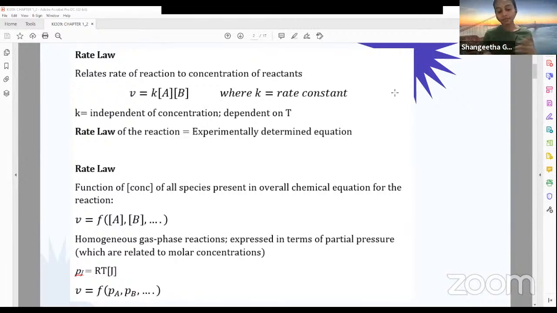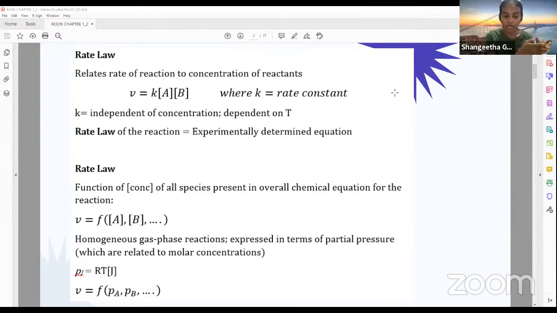In the previous lessons, we looked at how the concentrations of your reactants and products individually behave throughout a reaction. We also learned how the stoichiometry of the reaction is important in order to calculate your rate of reaction, especially when it comes to individual species in a reaction.